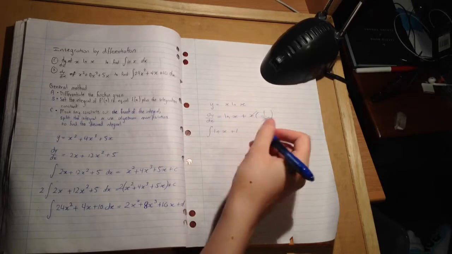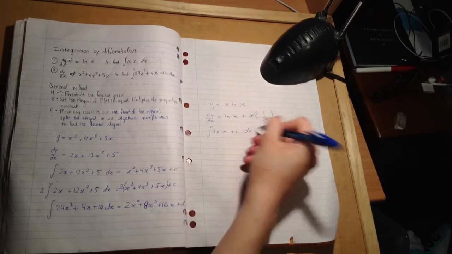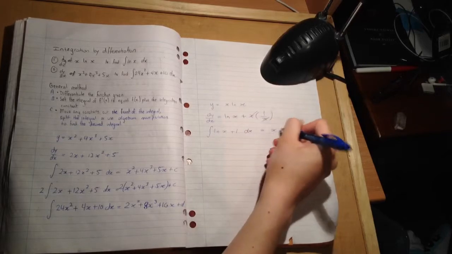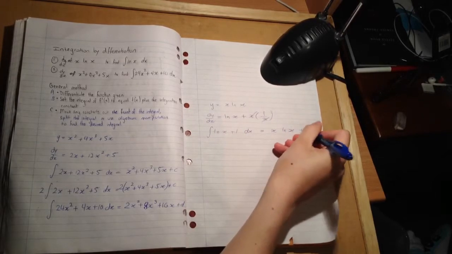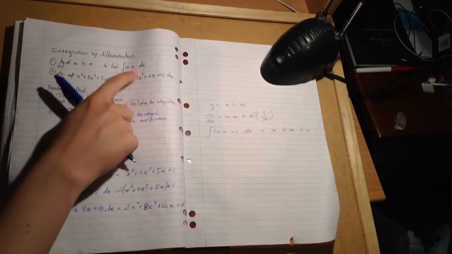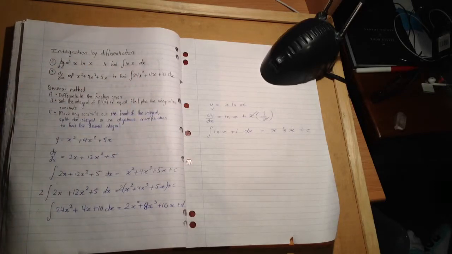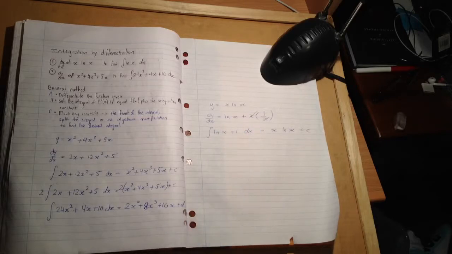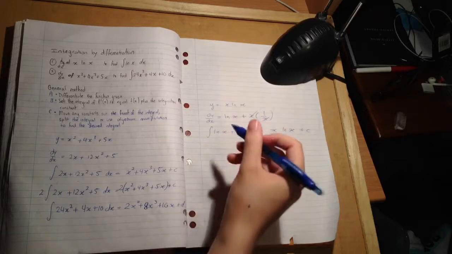So the integral of ln x plus 1 with respect to x is equal to the original function, x ln x, plus c. But we just want to find what the integral of ln x dx is. What we can actually do, you probably remember this with the sum rule in differentiation, is that instead of differentiating individual terms, we can integrate individual terms. So we can split this into two separate integrals.